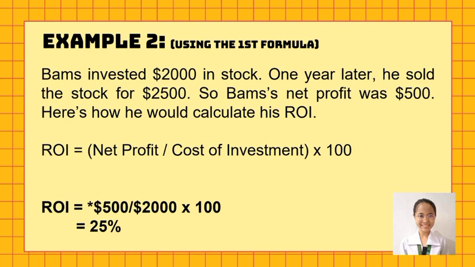So Bamb's net profit was $500. Here's how he would calculate his ROI. ROI is equal to $500, the net profit, divided by the cost of investment amounting to $2,000, multiplied by 100. Therefore, Bamb's return on investment is equal to 25%.